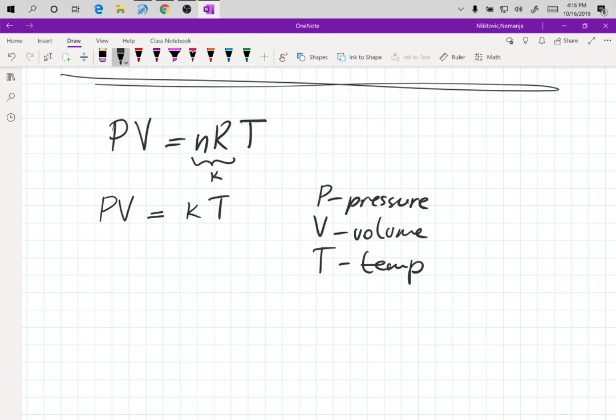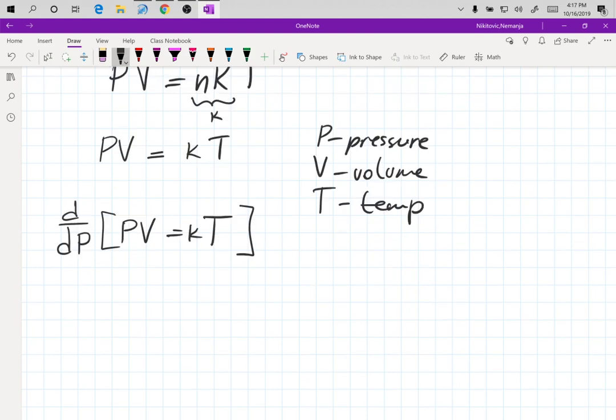So I can take, let's say, the derivative in respect to pressure. So I have a product rule on this side and just a single function on the right-hand side, because again, pressure is changing, volume is changing, the temperature is changing. So if I'm taking the derivative of PV equals KT, all I need to do is to make sure that when I'm taking the derivative of the same variable, right, I can put dP over dP.